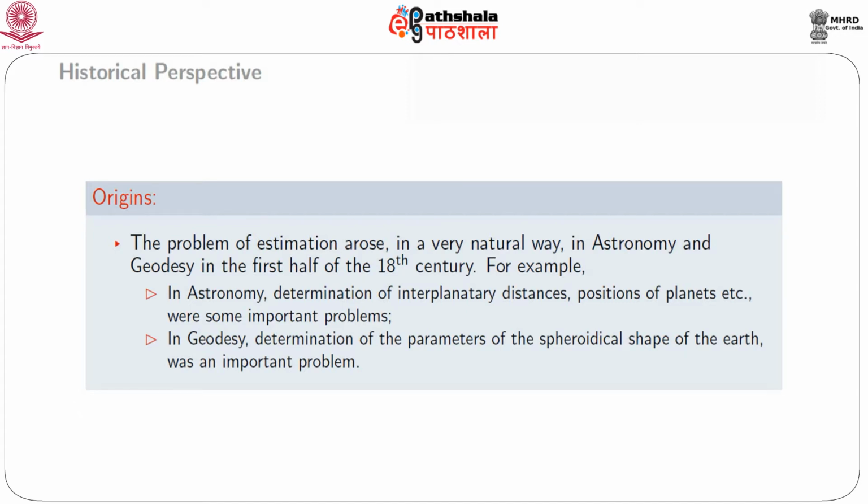For example, in astronomy, determination of interplanetary distances, positions of planets, etc. were some important problems. In geodesy, determination of the parameters of the spheroidal shape of the earth was an important problem.